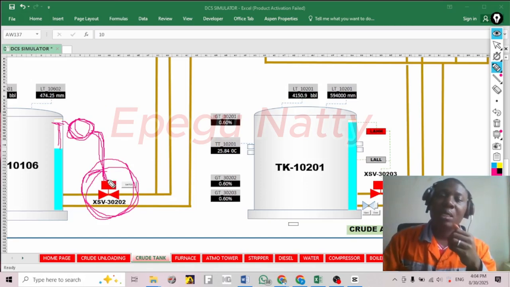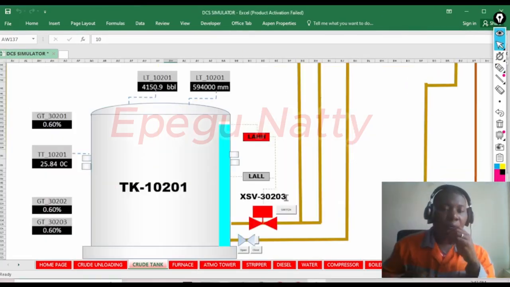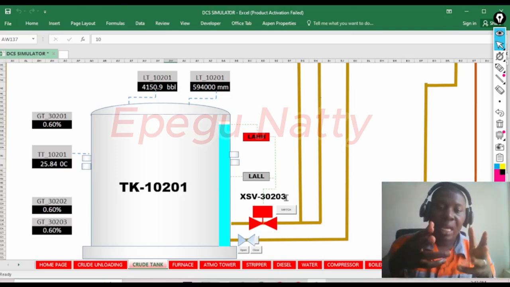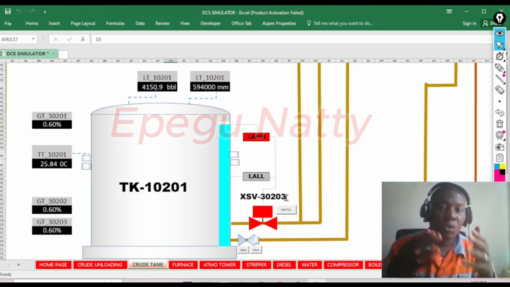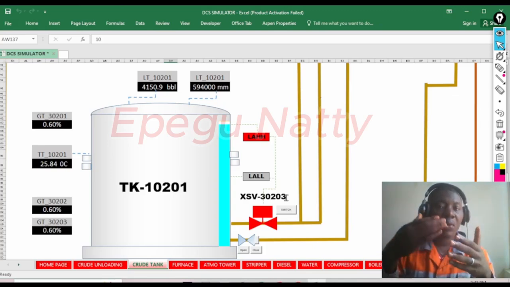So I hope you understand this particular explanation, right? Now when carrying out this risk assessment or process hazard analysis, this is what we're going to be doing when I give you these scenarios: we're going to follow this procedure, you think about it, and then you give a recommendation.